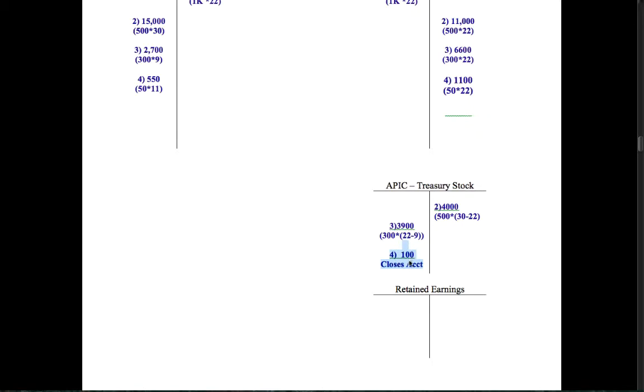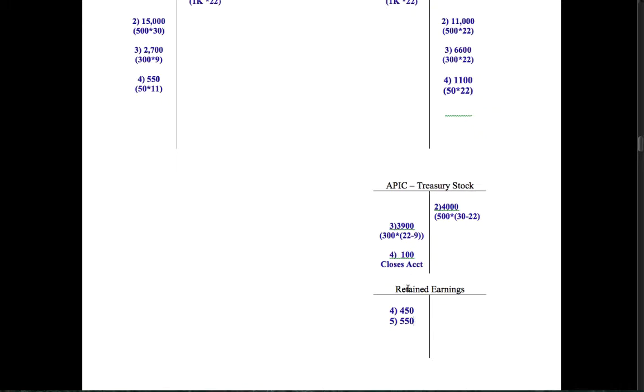Therefore, the account is closed. We cannot put the full $550 we need because there is only $100 left in this account. Therefore, this closes out, zeroes out, and the remaining difference we need to reflect in retained earnings.